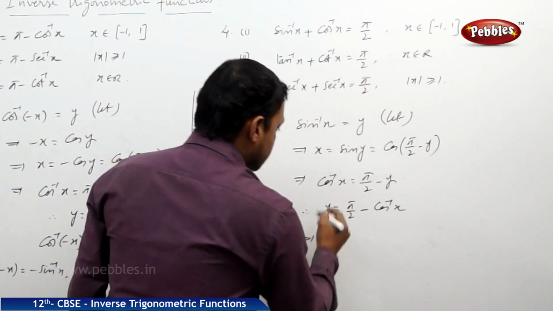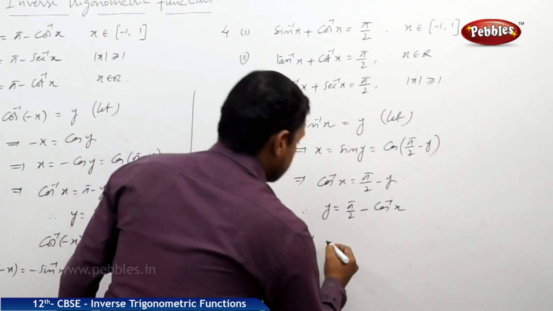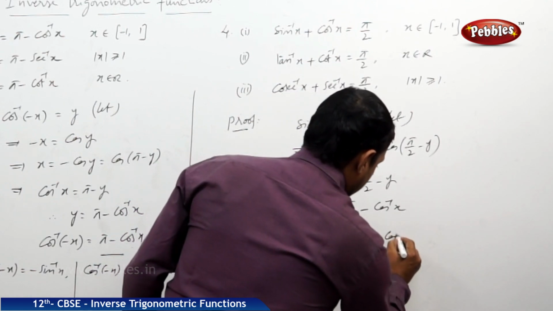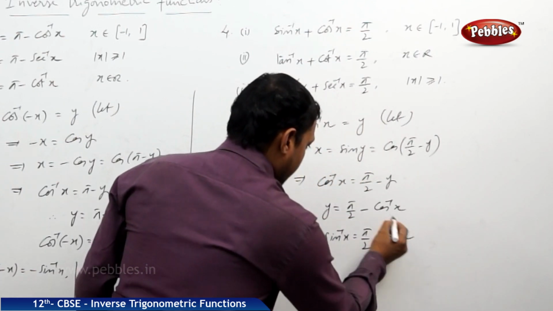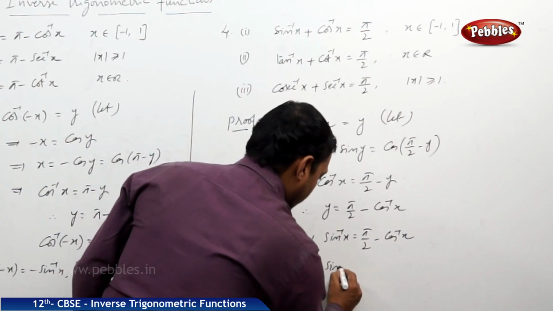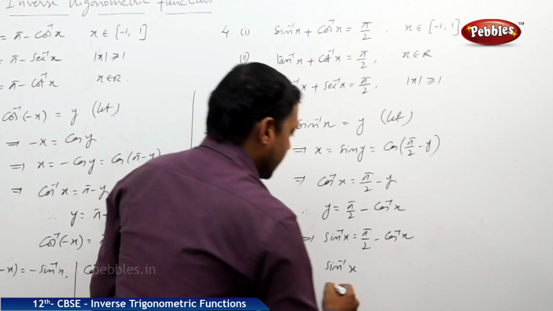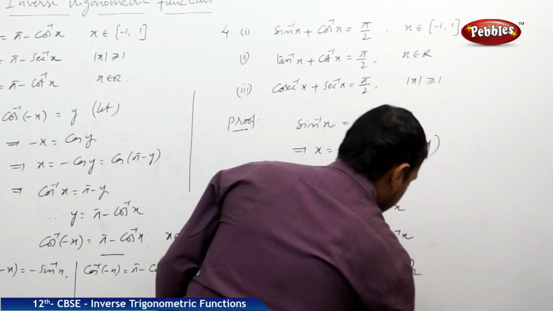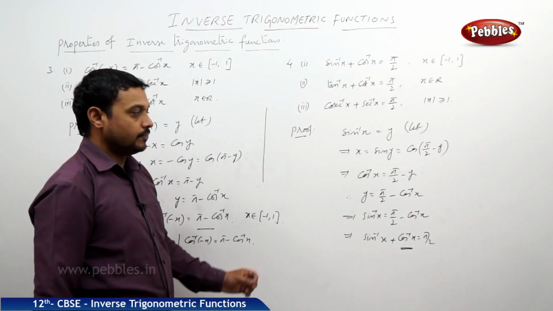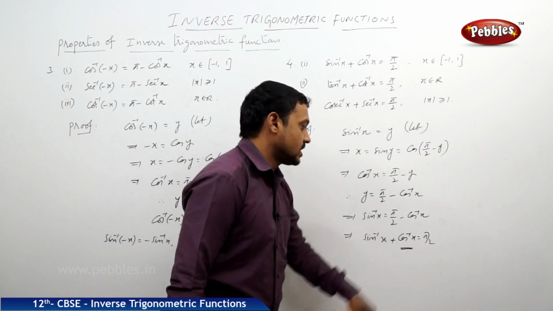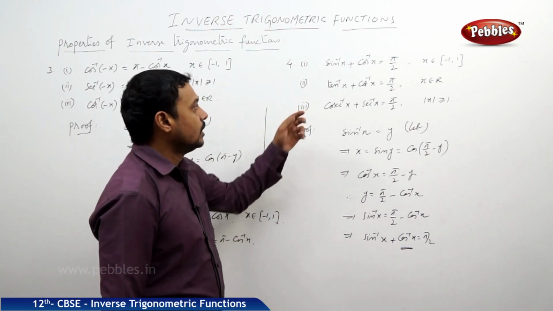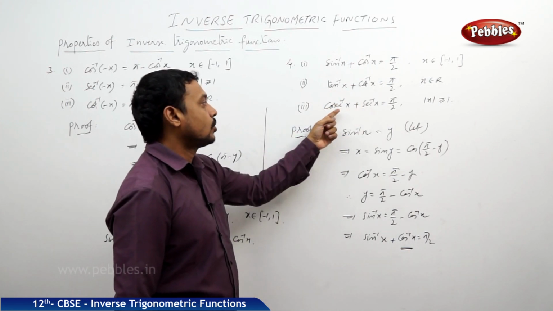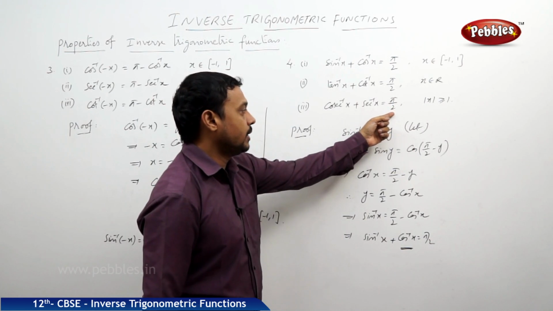And y is equal to sin inverse x, so substituting there, sin inverse x is equal to pi by 2 minus cos inverse x, and moving this minus cos inverse x to the left side, finally we get sin inverse x plus cos inverse x is equal to pi by 2 for every x belongs to minus 1 to 1. Similarly, we can prove the other two cases: tan inverse x plus cot inverse x is equal to pi by 2, and cosecant inverse x plus secant inverse x is equal to pi by 2.